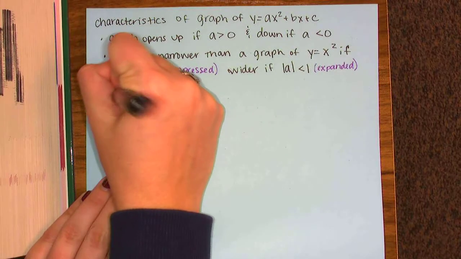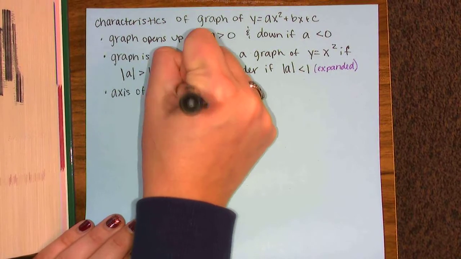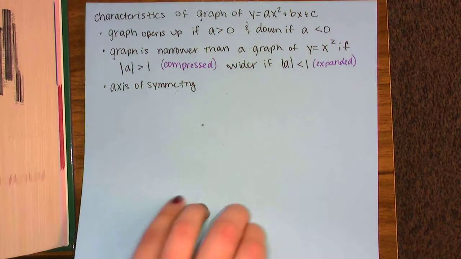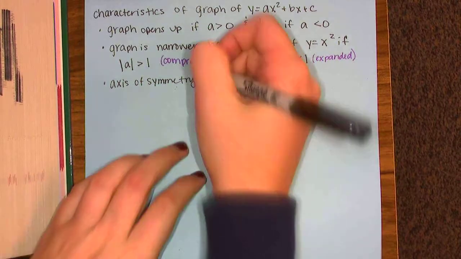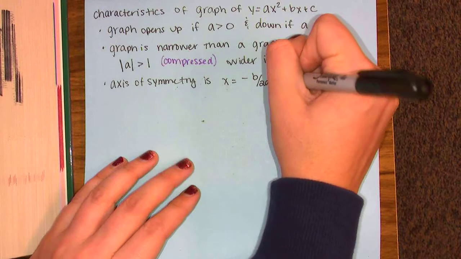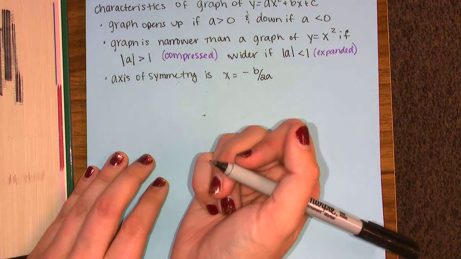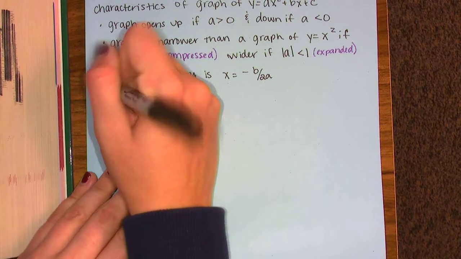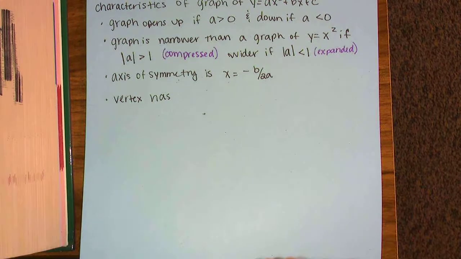The axis of symmetry is x = -b/2a. The vertex, I'm splitting these into 2 separate points because I felt like they should be split, so there actually is going to be 5.